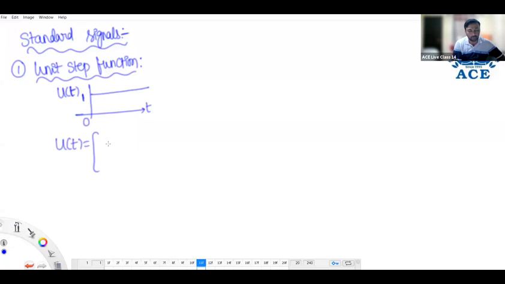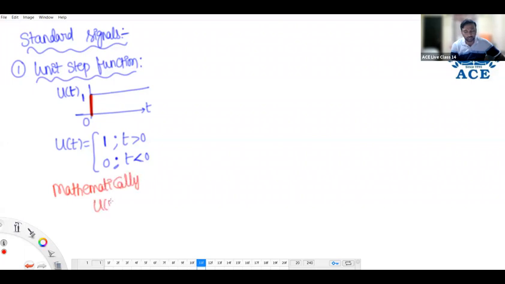It is 1 for t greater than 0, 0 for t less than 0. But what is its value at 0? It is discontinuous. We have a jump in the amplitude from 0 to 1.